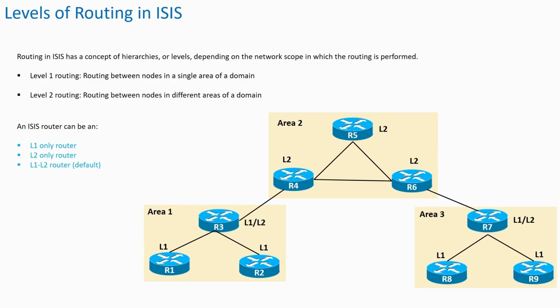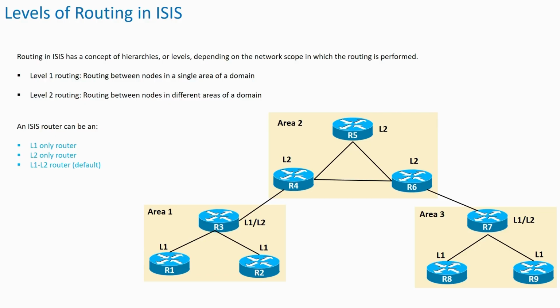And the third option is L1 L2 router, which is a default on Cisco devices. It means that the router is capable of doing L1 as well as L2 routing. Means the router is capable of doing both intra-area as well as inter-area routing.